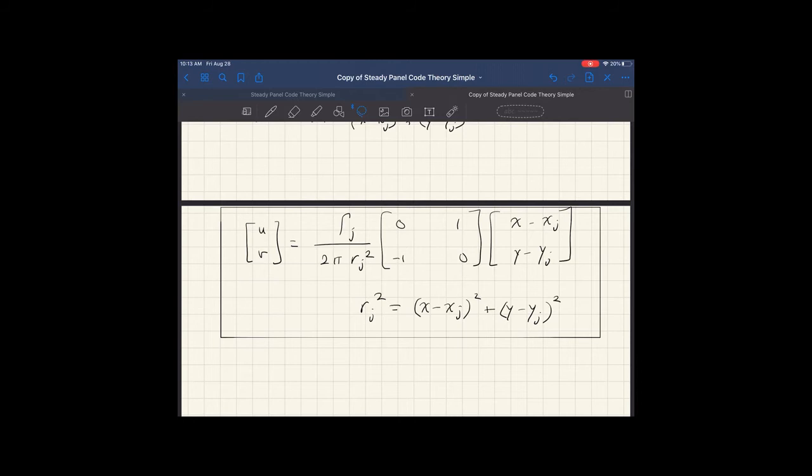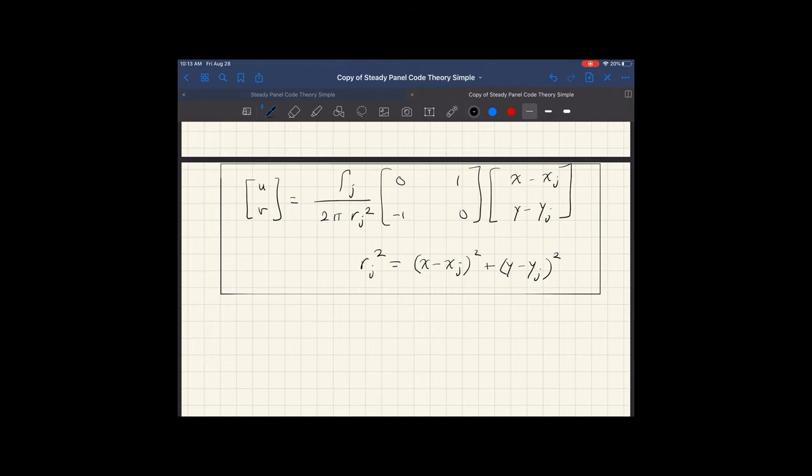And you can basically make a function, for example, that takes in the positions x and y, xj and yj, and gamma j, and gives you u and v.